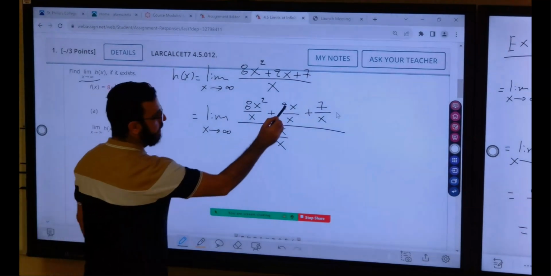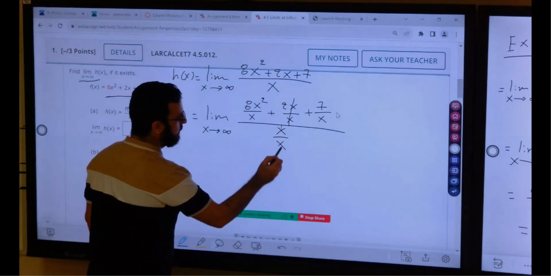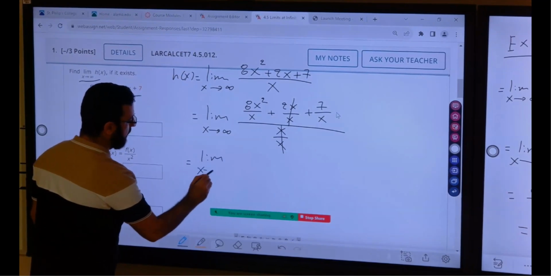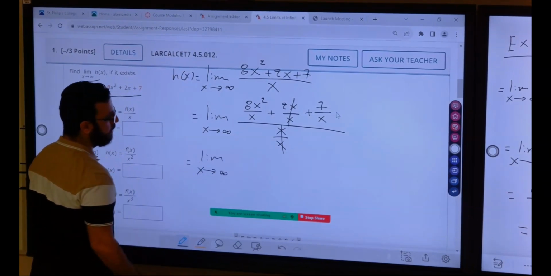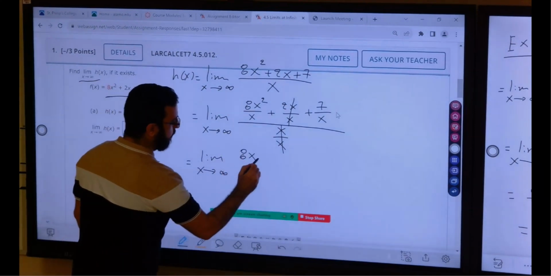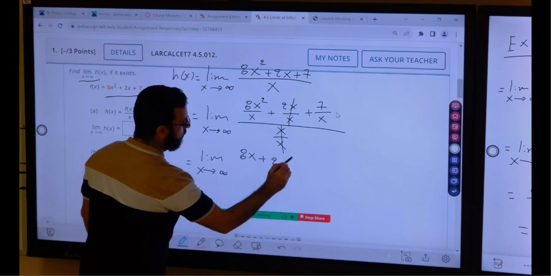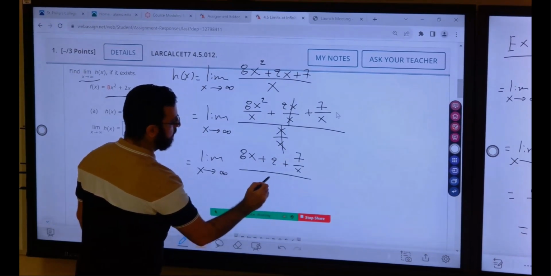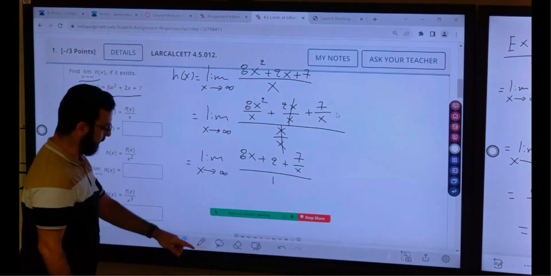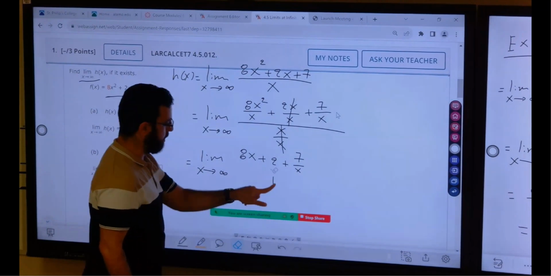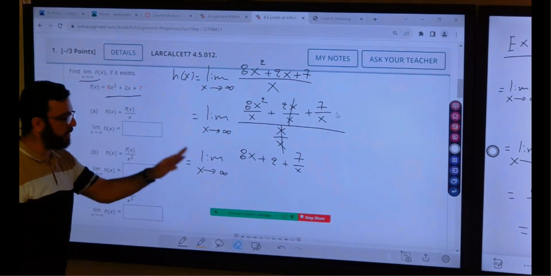This is cancelled, this is cancelled. So it's the limit as x approaches infinity. What's left here? 8x plus 2 plus 7 over x, divided by 1, which we don't have to write down. So that's what's left.